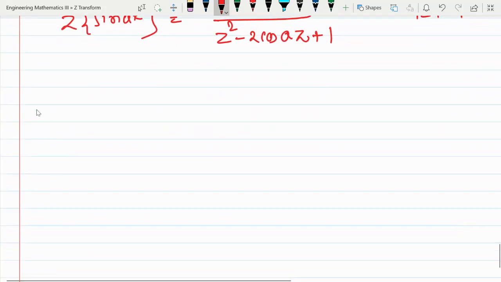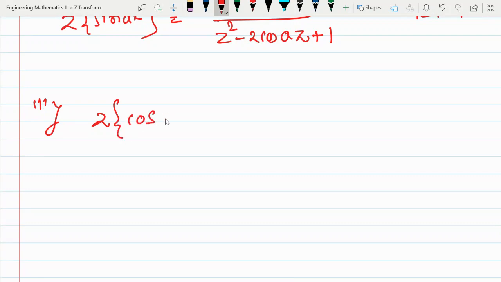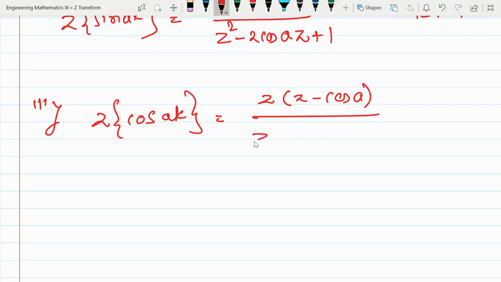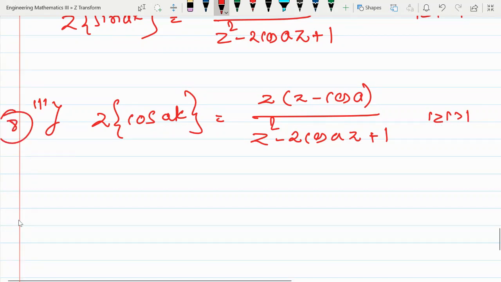Similarly, what if my fk is cos of ak? There is a slight difference in the numerator only: z into z minus cos a divided by z square minus 2 cos a z plus 1. Again mod z is greater than 1. So this is my result.